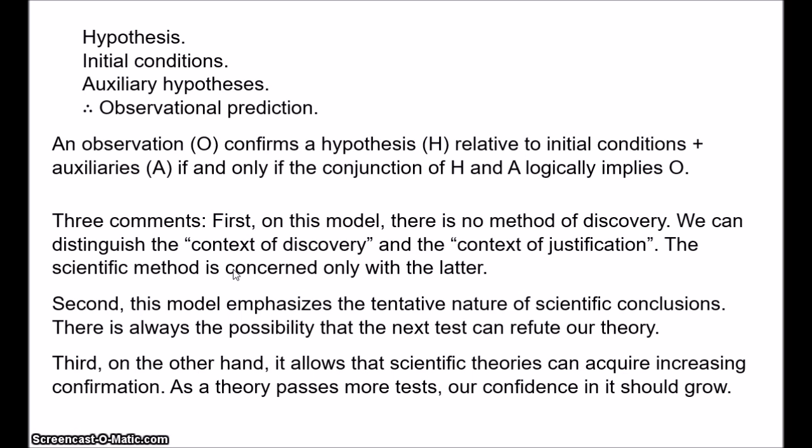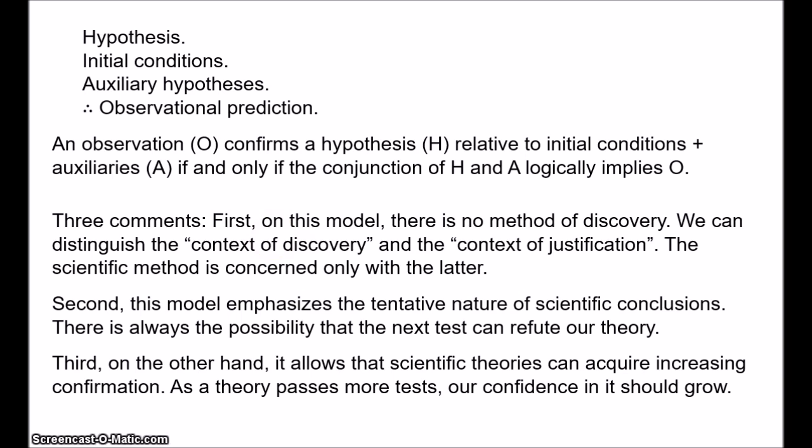So although science doesn't deliver certainty, it's still legitimate to believe in those theories that have passed many tests. If a theory has passed thousands and thousands of tests, then it's legitimate to say that we can be more confident of it. We can believe it, even though perhaps we can't be certain.